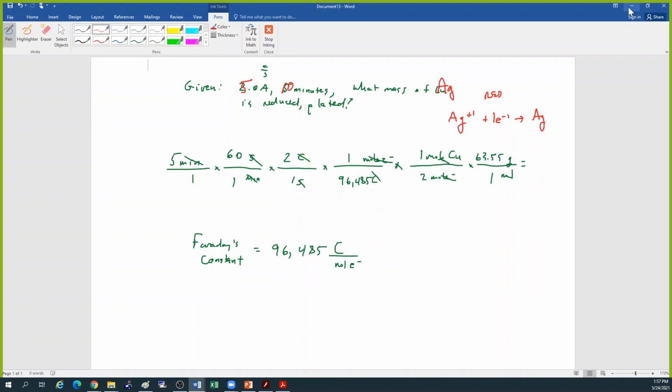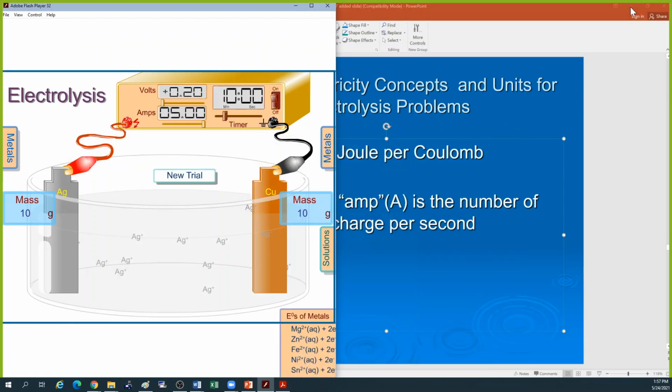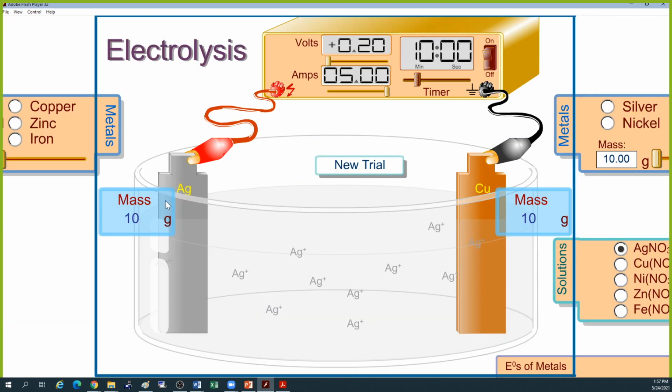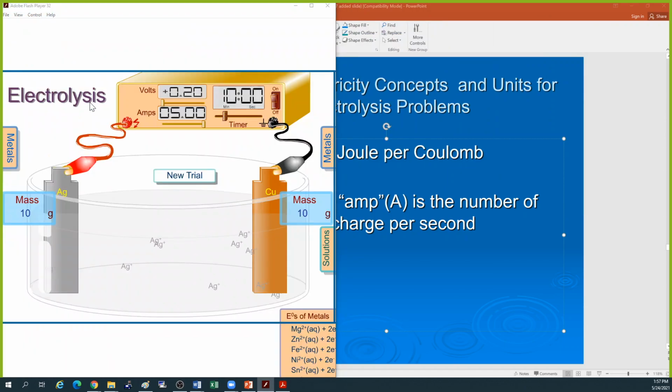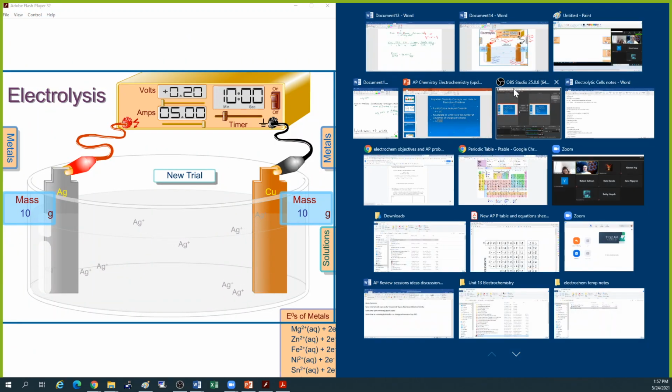So in this case, silver is both being oxidized and reduced in this situation because we're oxidizing the silver at this end to get it into the water more, but we're reducing it onto the copper metal as we plate it. All right, you want to take a minute and see if you can do the math, and then we'll run the simulation and see if you match.